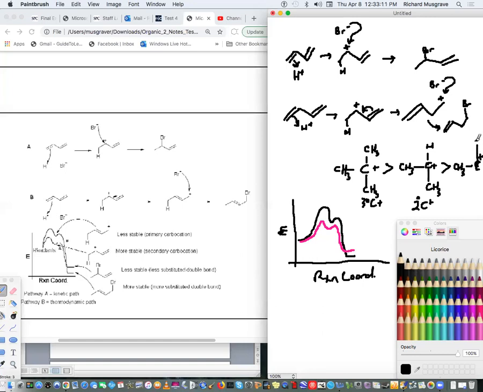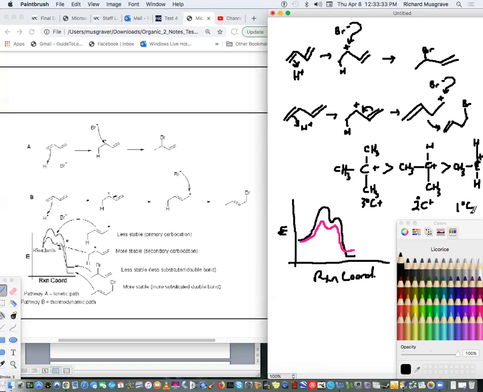Now you can see the difference between the three situations. The tertiary has 3 carbons connected to the C with the plus. Secondary has 2 carbons connected to the C with the plus. And primary has 1 carbon connected to the C with the plus.